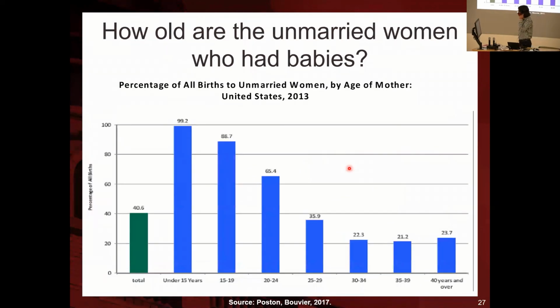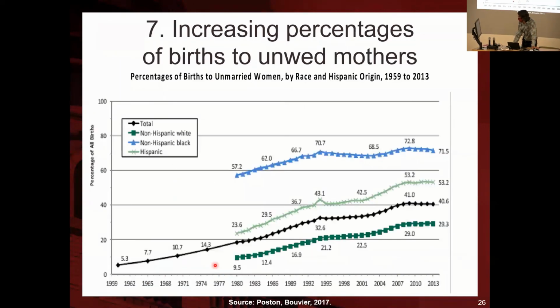And this graph, how old are the unmarried women who had babies? So that's the percentage of all births to unmarried women by age of the mother. So here we are breaking by age. So overall, and this is data from 2013.